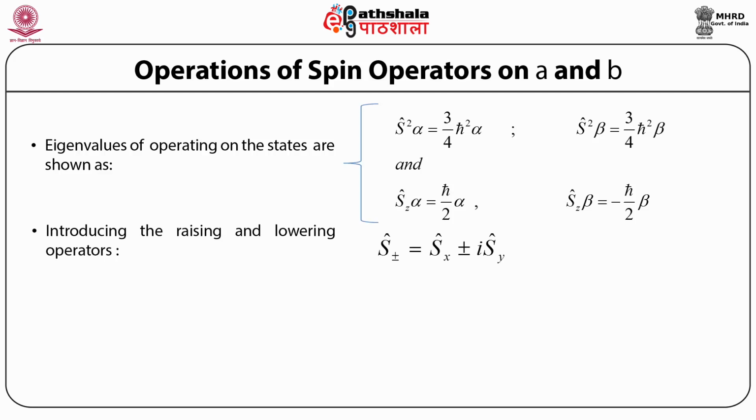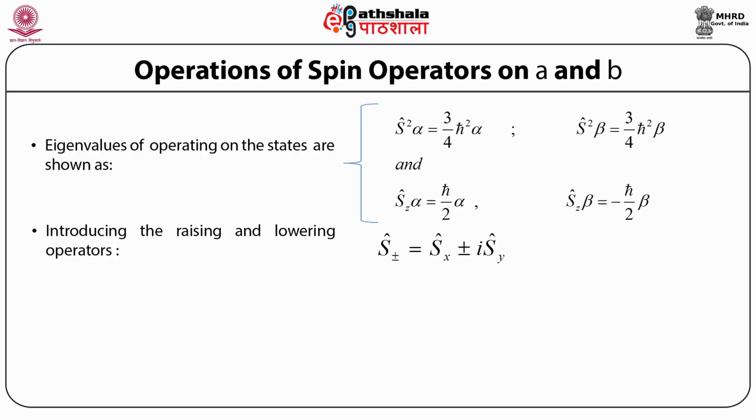The raising operator for the spin operator, that is operator S plus, is defined as operator Sx plus iota times Sy, where operator Sx is the x component of the spin operator and operator Sy is the y component of the spin operator.